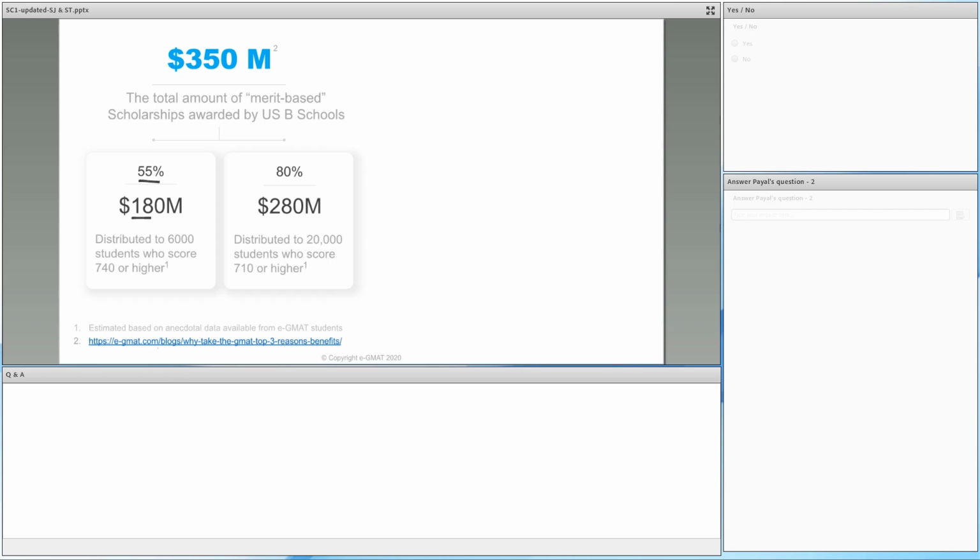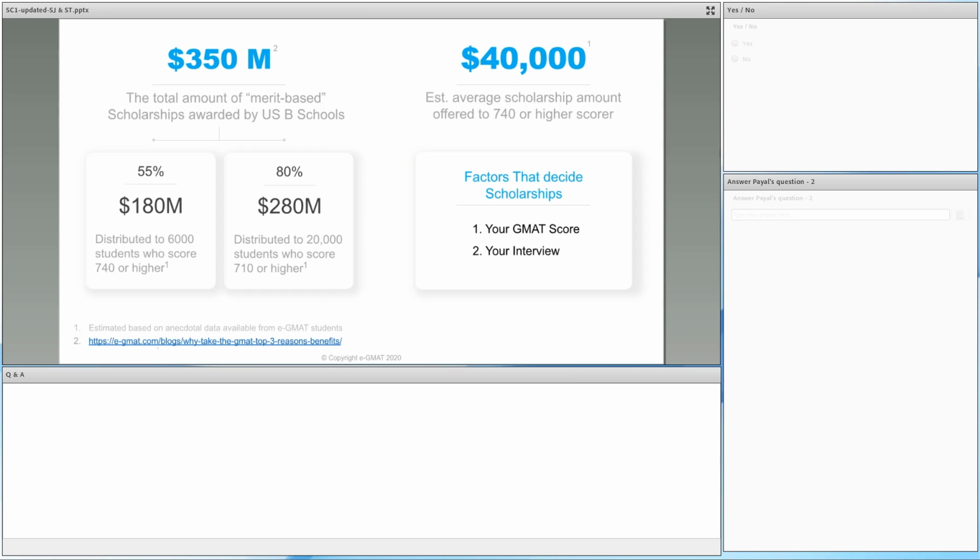Now, if you do the math over here, what you can see is that on average, if you score more than or equal to 740, you get a total scholarship of around $40,000. Right? And as you talk to B-schools, they would really say that the scholarship amount depends on two major factors. One is your GMAT score.